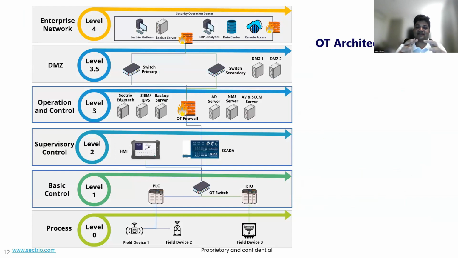So if we take this as a typical OT architecture, right, a physical OT architecture where you have the process, you have the basic controls, you have the SCADA, which does all the supervisory work, and you have the operations, where you have different kinds of SIEM or intrusion prevention solution installed, Active Directory, network monitoring solution, or AV or an SCCM server, all of this installed.